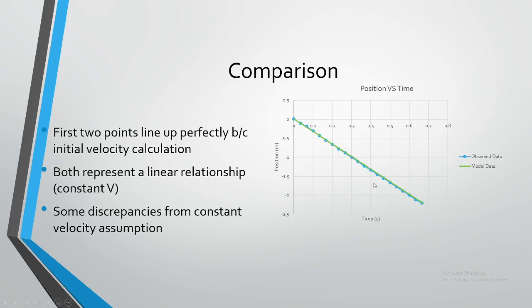These discrepancies are due to an assumption that the velocity is constant. So looking back at the setup for our observed data, there must have been some net force acting on the soccer ball. So to more accurately model that motion, we need to take into account all forces acting on the ball, sum up their vectors, and reapply Newton's second law with a newly found non-zero net force.